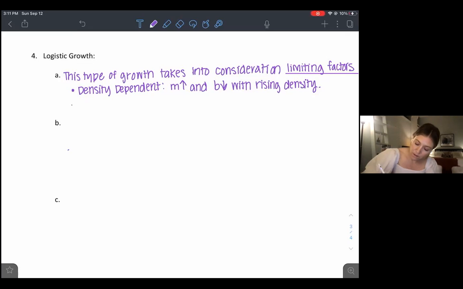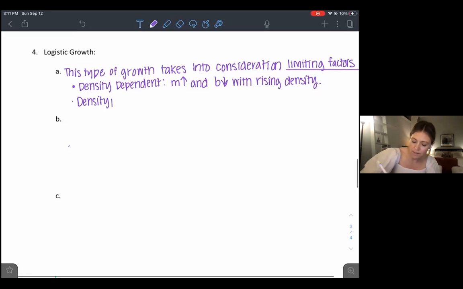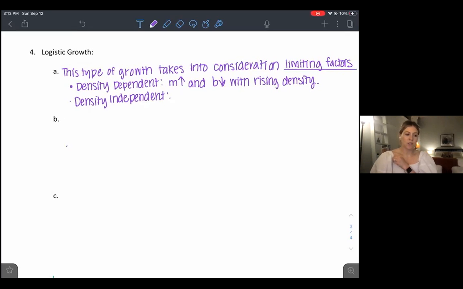We also have density independent limiting factors, and these are the types of limiting factors that affect all size populations in the same way. This kind of situation is usually something like floods or droughts, or some type of habitat destruction caused by another population or even by humans.